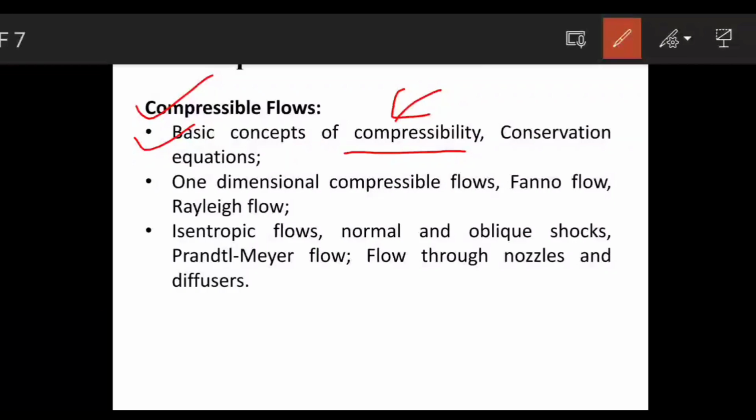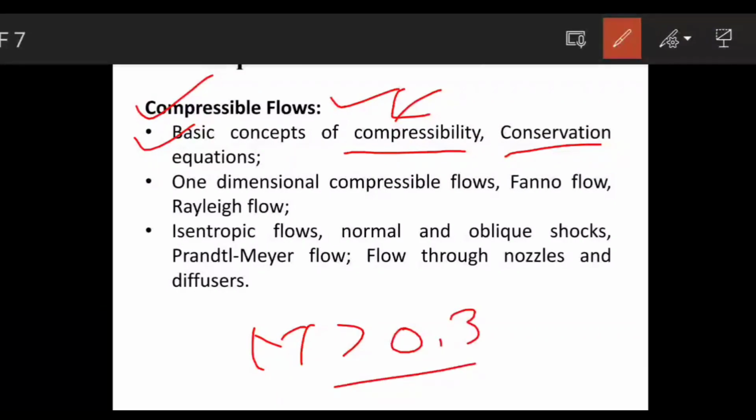The compressibility effect depends upon the speed of the flow, the Mach number, and then the conservation equations, that is the energy equation, mass equation, and momentum equation, which are applicable in compressible flow. Compressible flow means the Mach number of the flow is greater than 0.3. If it is less than 0.3, it means incompressible flow. So that is the study we are doing in compressible flow theory.